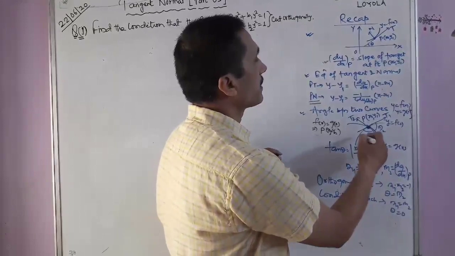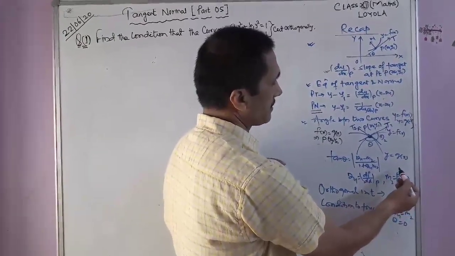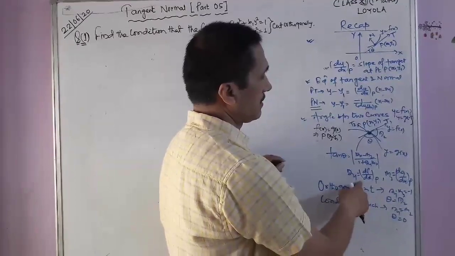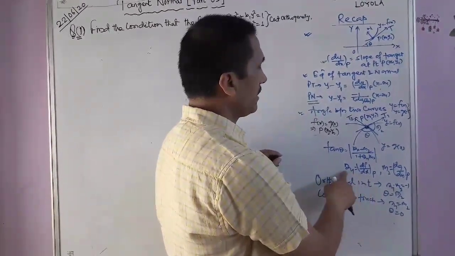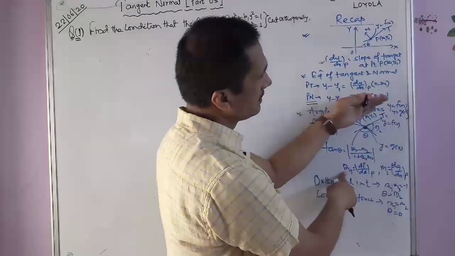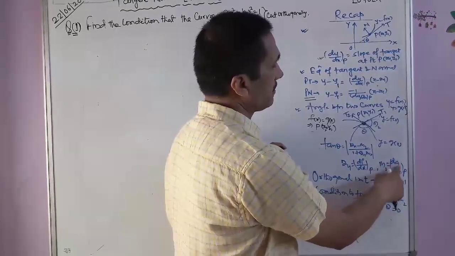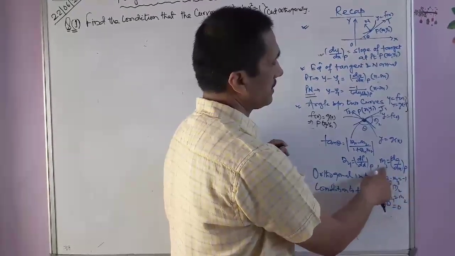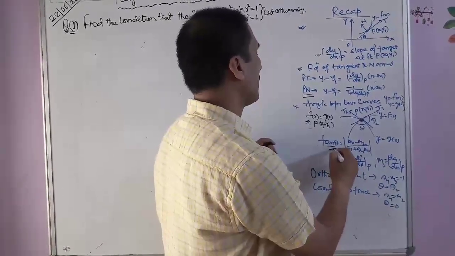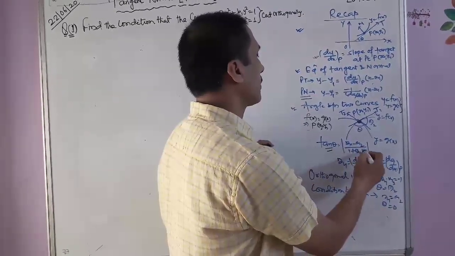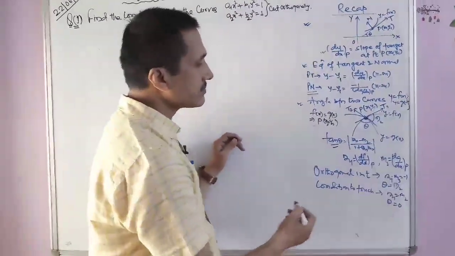We differentiate the first curve f(x), and its value at point P will be slope of tangent, m1. We differentiate second curve g(x), dg by dx at point P, this is m2. So, angle between them: tan theta equals modulus of (m1 minus m2) upon (1 plus m1 m2), taking mod for acute angle.